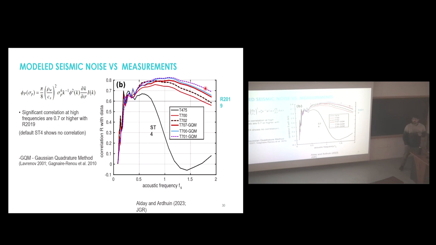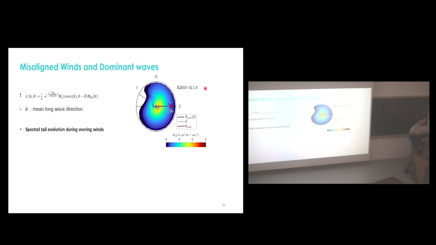But Fabrice also showed that there were weird things happening every once in a while, and it had to do with the directionality of breaking relative to the wind. In conditions where you have rapidly rotating winds or misaligned long waves and winds, there was funny behavior. And this is what happened for the original formulation.